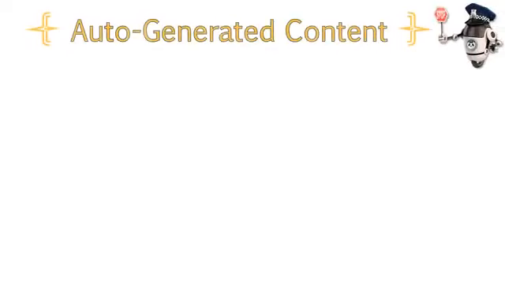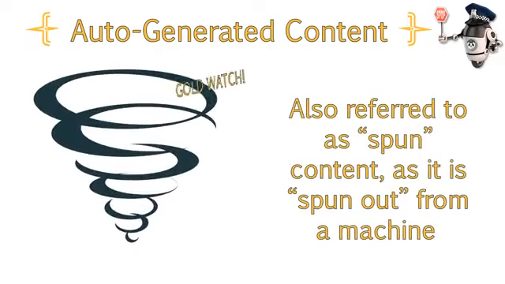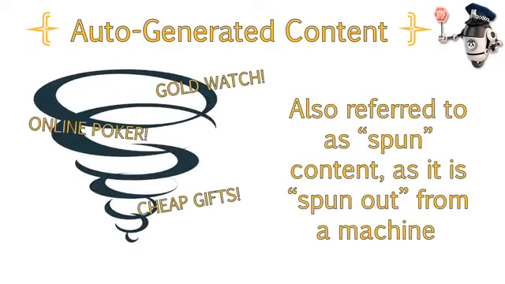Some examples of the type of content Panda targets include automatically generated content. Automatically generated content is also referred to as spun content, and it's content that is created by a program and inserts applicable keywords. But most often the article is gibberish or very poorly written and is difficult for users to understand.